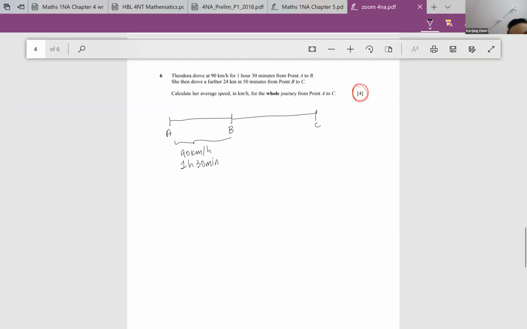The next part of the journey is 24 km and I know it's 50 minutes. So basically I put the information into this infograph, okay? Calculate the average speed in kilometer per hour for the whole journey from point A to C.